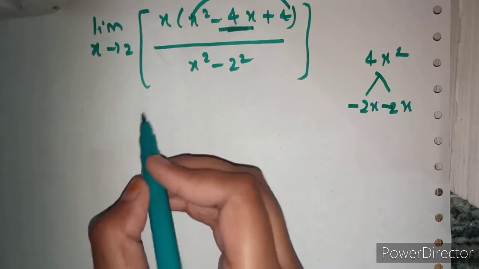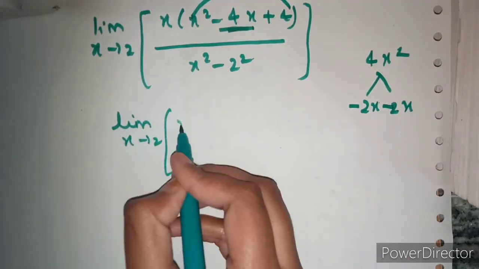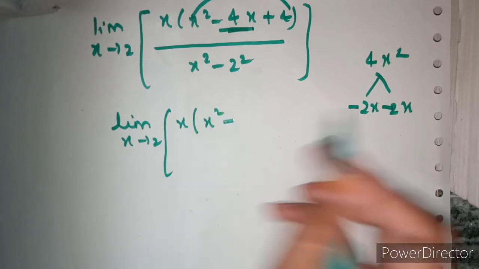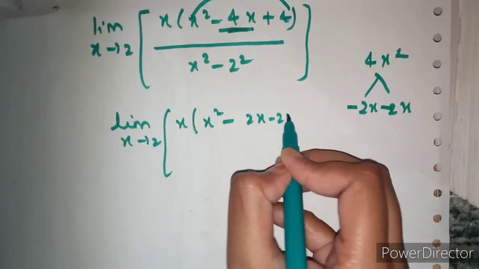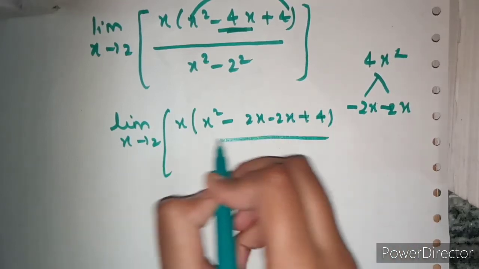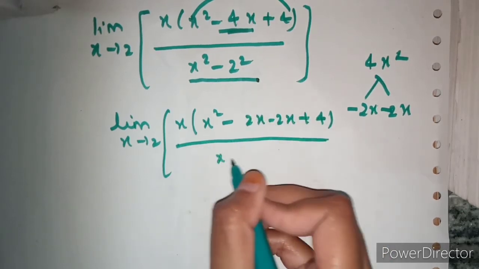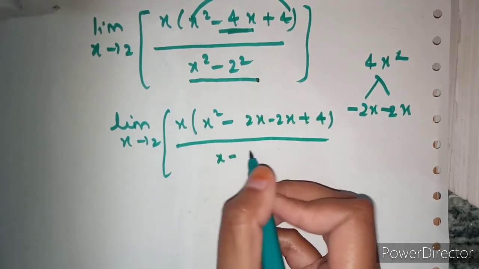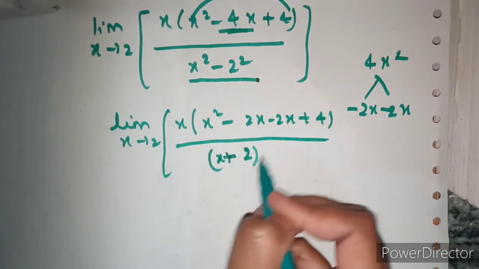So limit x tends to 2, x as it is, x square as it is, minus 4x can be written as minus 2x minus 2x plus 4. The denominator is of the form a square minus b square, so the splitting is a plus b, a minus b. So x square minus 2 square can be written as x plus 2, x minus 2.